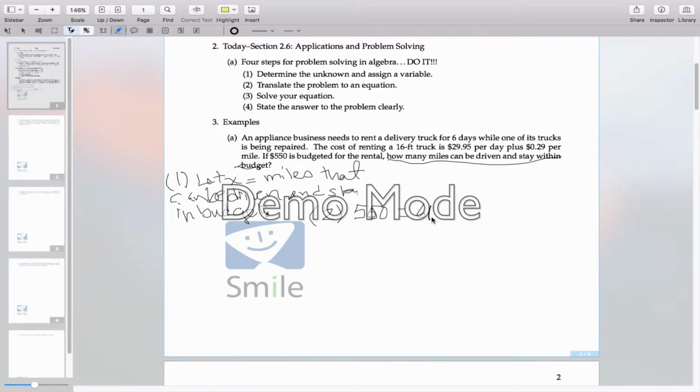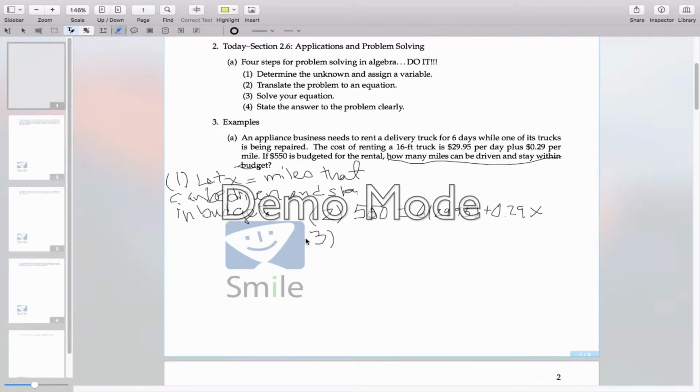So I'm going to multiply 6 by $29.95 plus 29 cents per mile times x miles. So notice that 6 times $29.95, that's dollars. 29 cents per mile times x miles, that's dollars. And there's a number x that makes this statement true. And that's what we're going to find in step 3.